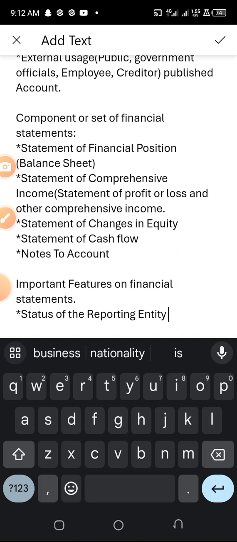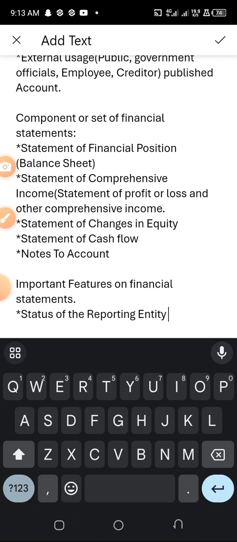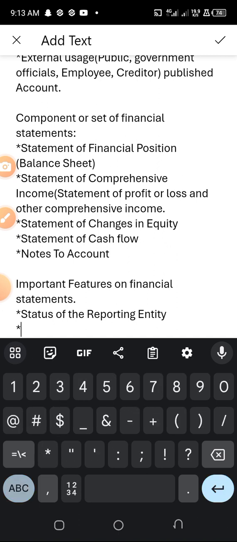Our focus in this teaching series is mainly on a reporting entity that is not under a group. So we are focusing on a single entity, either a limited or a public limited liability company. So it must always state the status of the reporting entity.